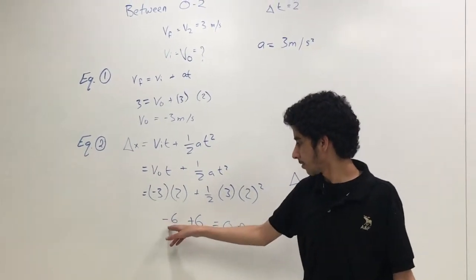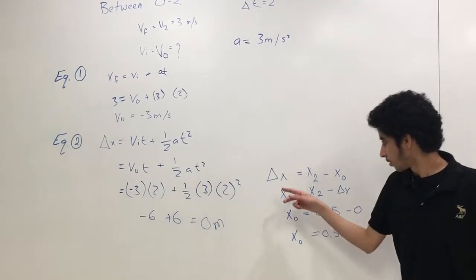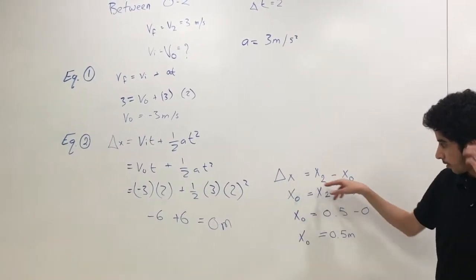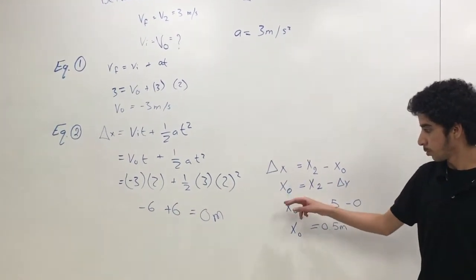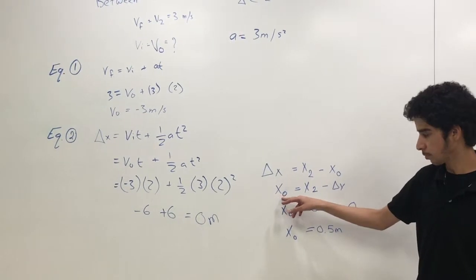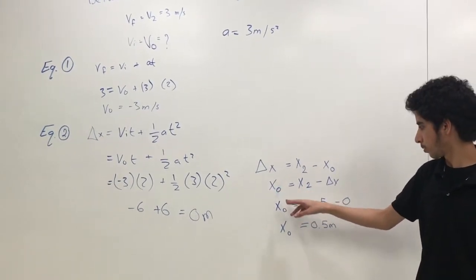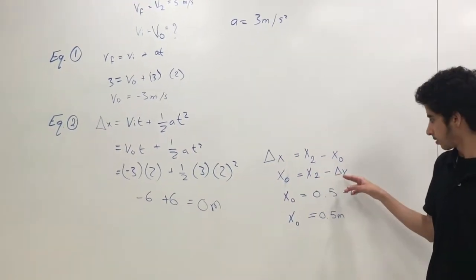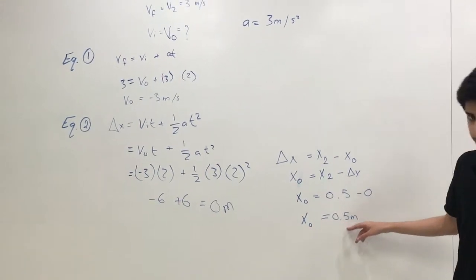So we get negative 6 plus 6 equals 0. We rearrange what change in x equals. So we get initial position, because we want to find out what the initial position is, which equals x2 minus change in x. We get that the initial position is 0.5 meters.